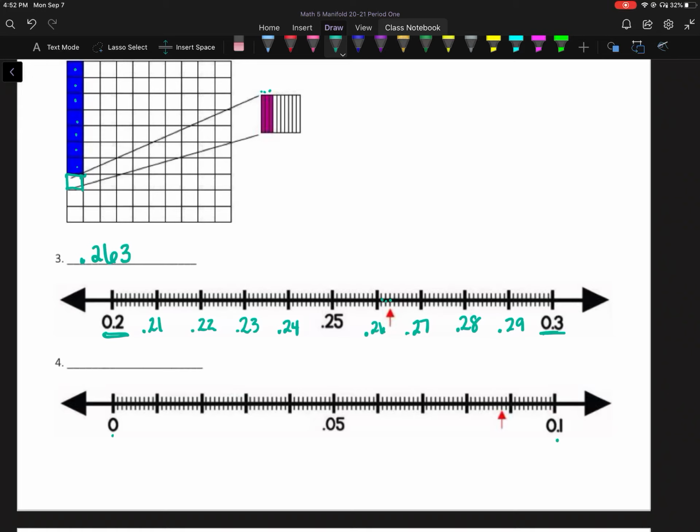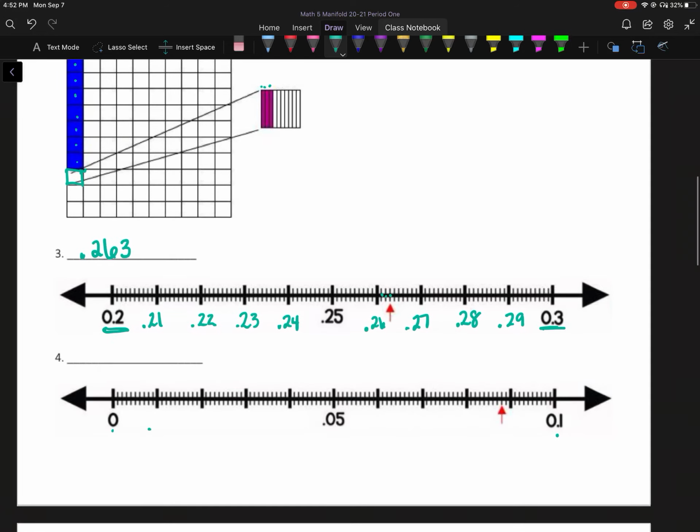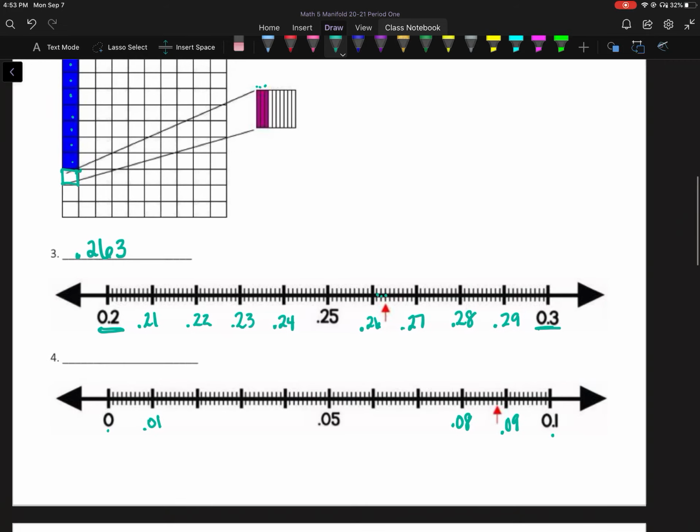For question 4, we were modeling from 0 to 1/10. So we broke it down into hundredths, 0.01 all the way to 0.09. Well, I didn't quite get to 9 hundredths. I got to 8 hundredths, and then I have to count 1, 2, 3, 4, 5, 6.